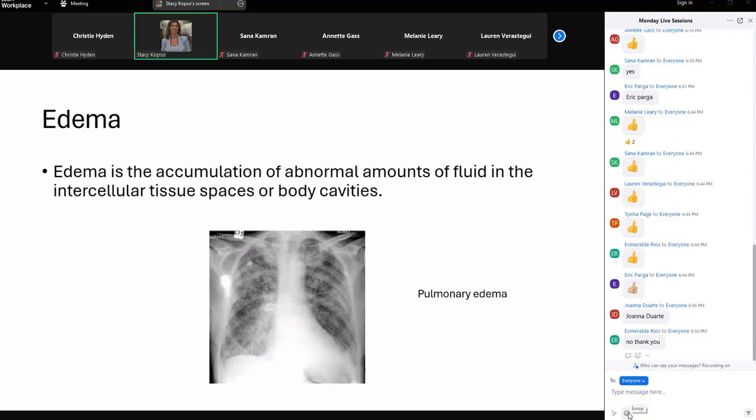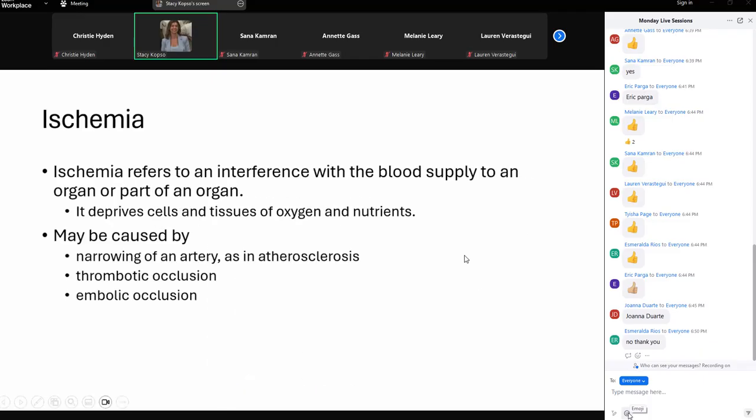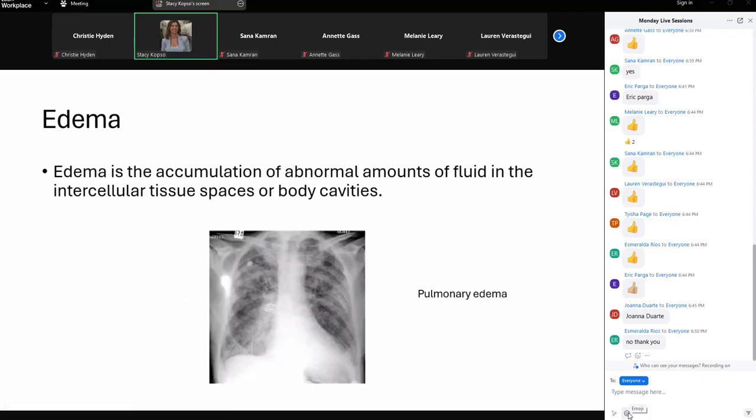Edema. This is a very common pathology. Edema is the accumulation of abnormal amounts of fluid in intercellular tissue spaces or cavities. So that is typically common for us to see when we take chest x-rays. We'll see the pulmonary edema.